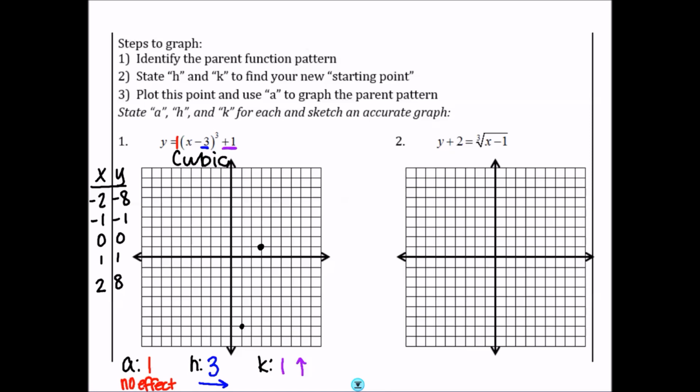Now I'm going to move to the next point. I'm going to move left 1 and down 1. And I always start again from that new point h, k. Then I'm going to move right 1 and up 1. And then right 2 and up 8.